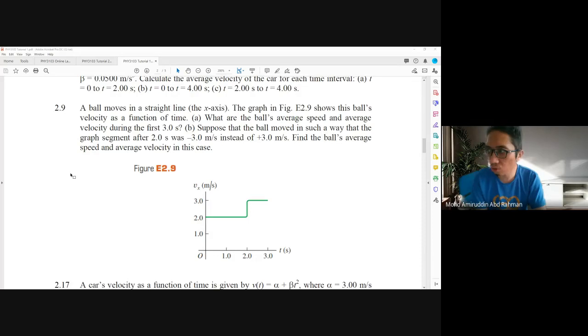All right. So for B, suppose that the ball moved in such a way that the graph segment after 2 seconds was minus 3 meter per second, okay, instead of 3 meter per second. Okay. So meaning that it is inverse in terms of the direction.